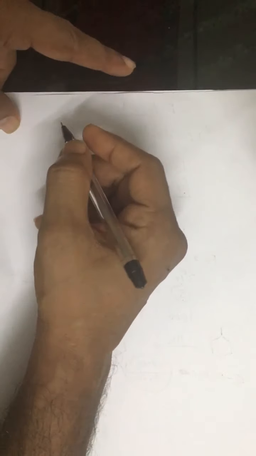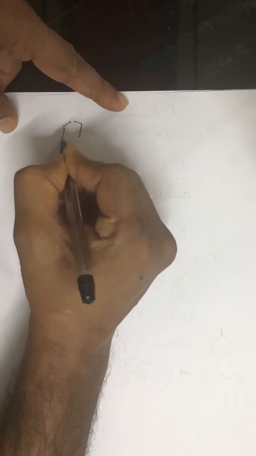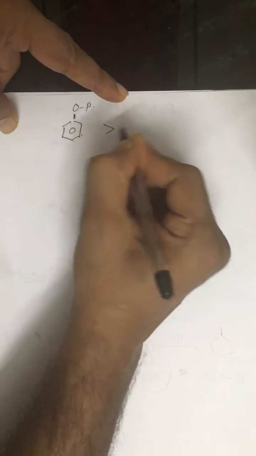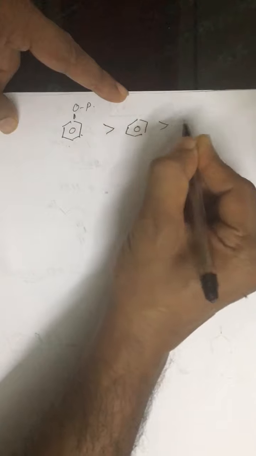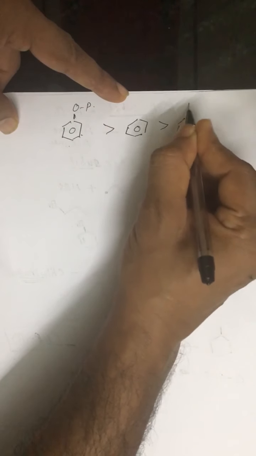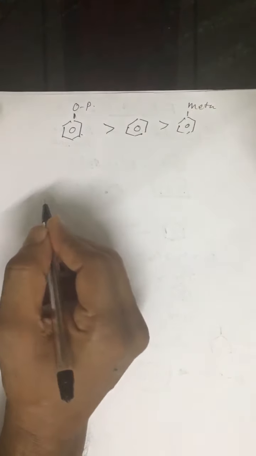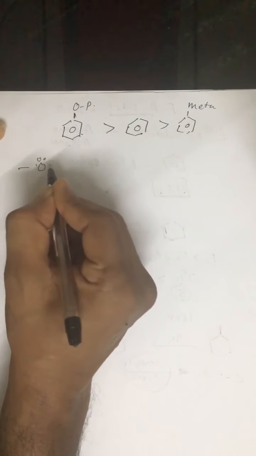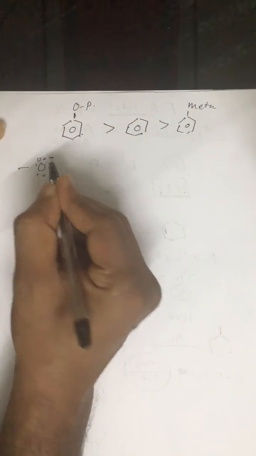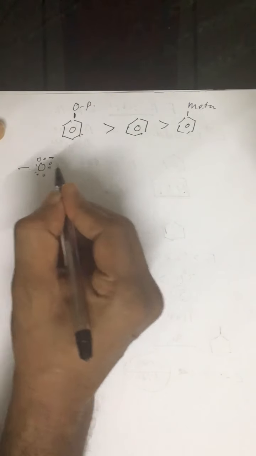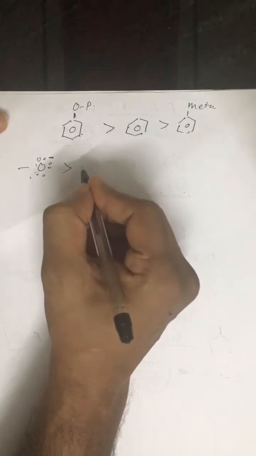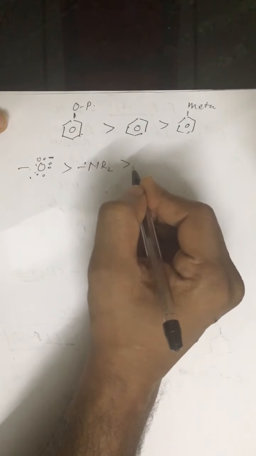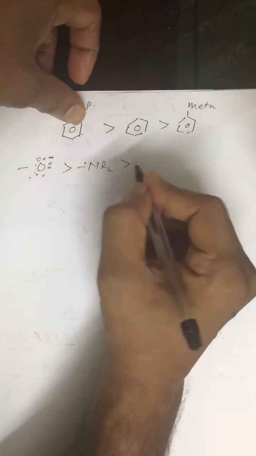Benzene shows electrophilic substitution, and a benzene ring which is attached to any OP director is always most reactive. Then comes normal benzene, and then benzene ring attached to any meta director. And what are OP directors? If the first atom which is bonded to the benzene ring has a lone pair, it behaves as OP director. And this is a common order of OP directing, and OP directors are called ring activators.